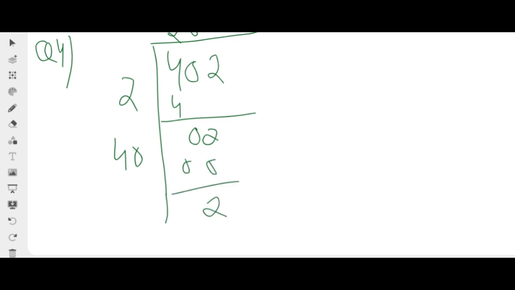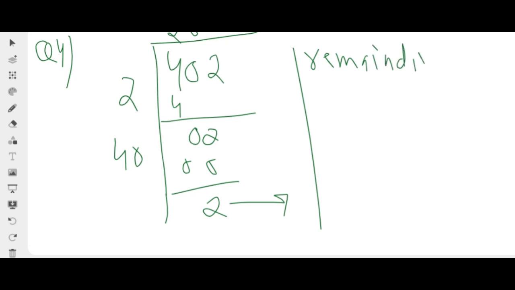Okay, so here this is the perfect square of 402. So we can say that the remainder is 2. It represents that the square of 20 is less than 402 by 2. So we have to write the remainder is 2.